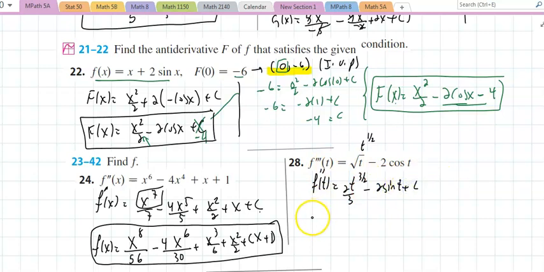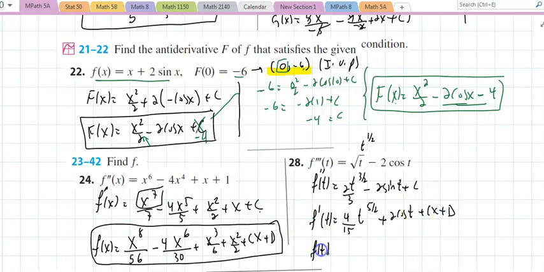If you take another antiderivative, you'll get f prime of t. That is, add 1 to the power, divide by that. Well, 2/5 times 2/3 is 4/15 plus twice the cosine of t plus cx plus t.